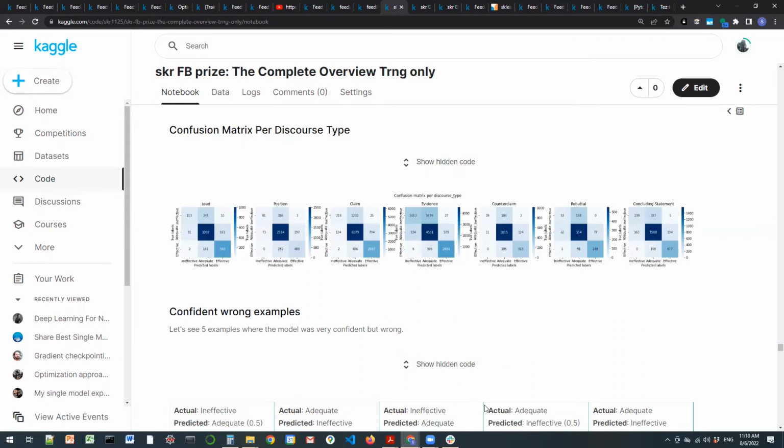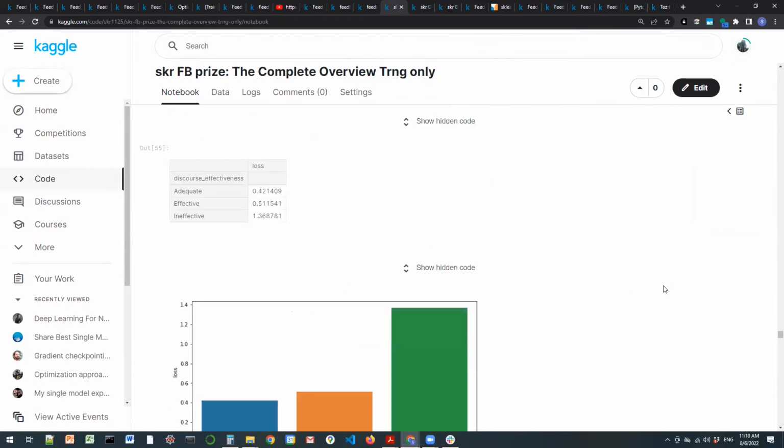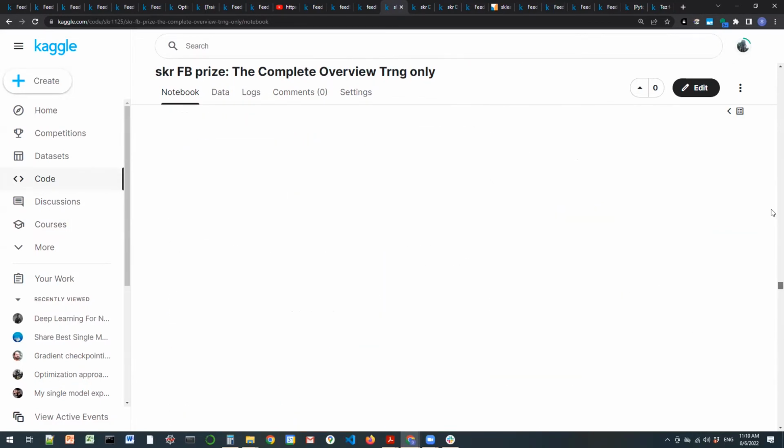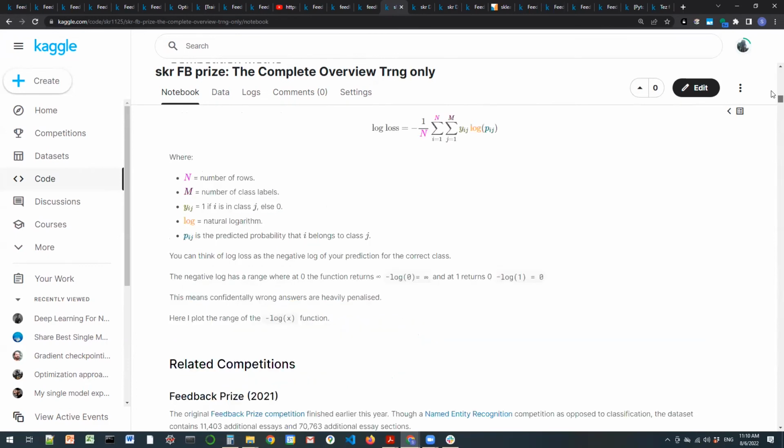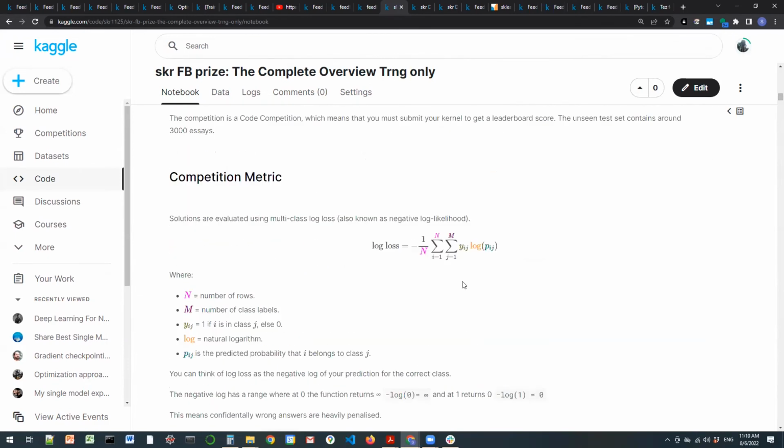I think it was just the average log loss, right? If I'm not mistaken. I'll come back here, but okay, so there is an efficiency score.